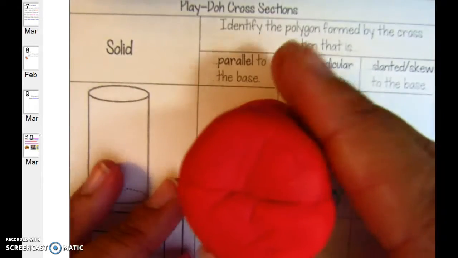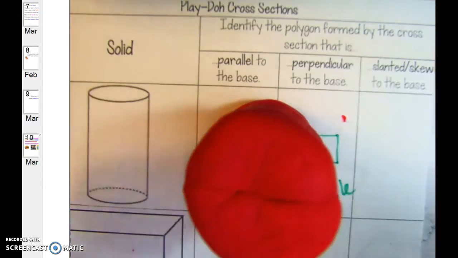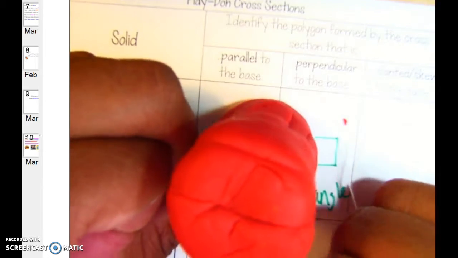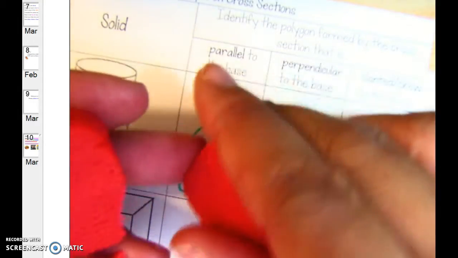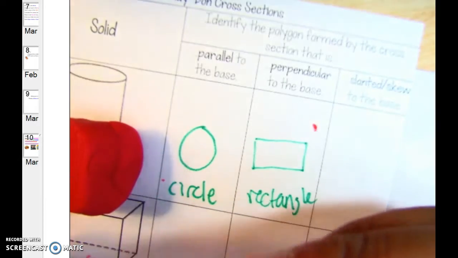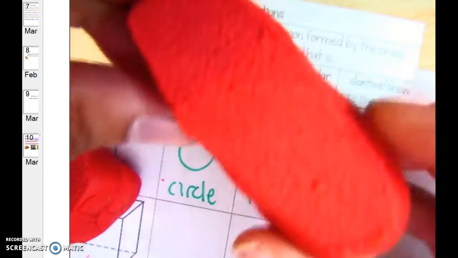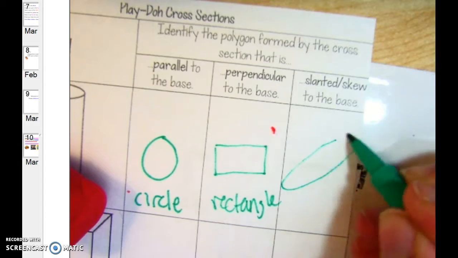I'm going to try to cut it that way. So if I start like here and kind of slant it down, it's not quite a rectangle, it's more circular than that. This is an ellipse. It's like a stretched out long circle. And so you could draw that here.